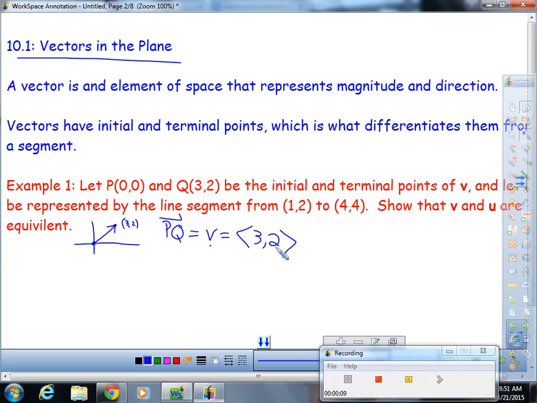Vector u will be, well, I'll show my work here with some subtraction: 4 minus 1, comma, 4 minus 2, which is <3, 2>. So I'm going to write vector u in red.